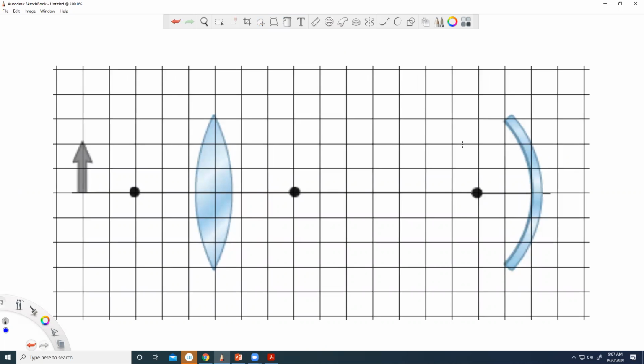The first one is you need to see how the image is formed by the convex lens. So start with a ray that is parallel to the axis.